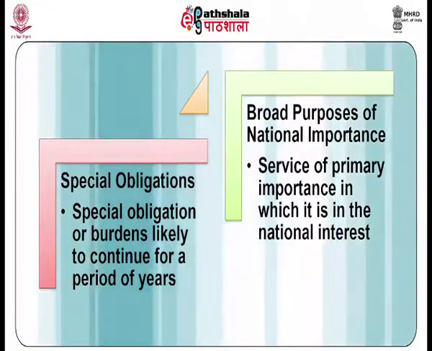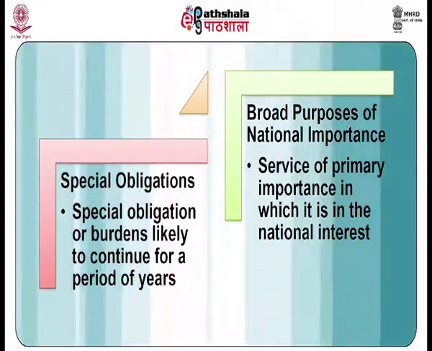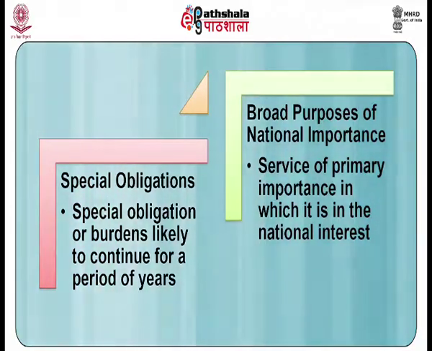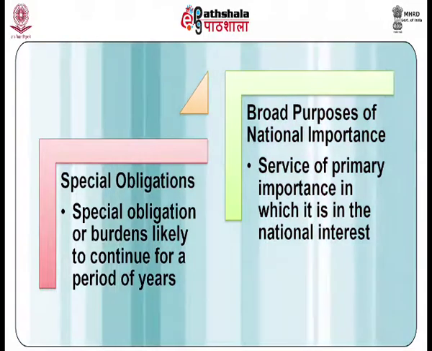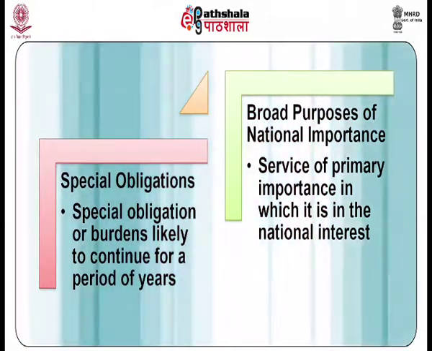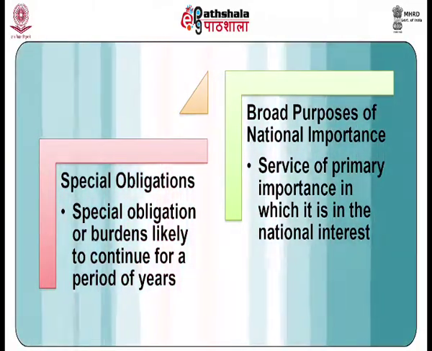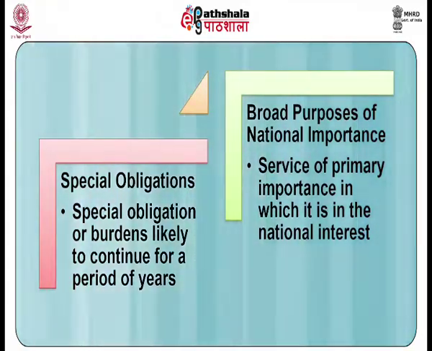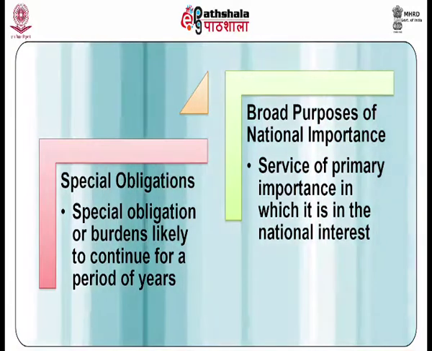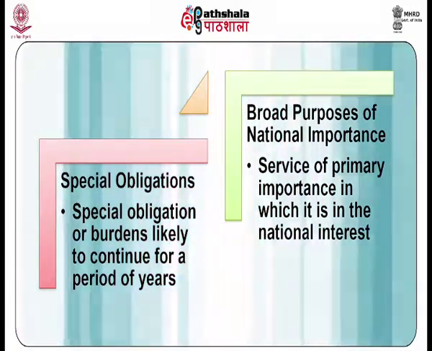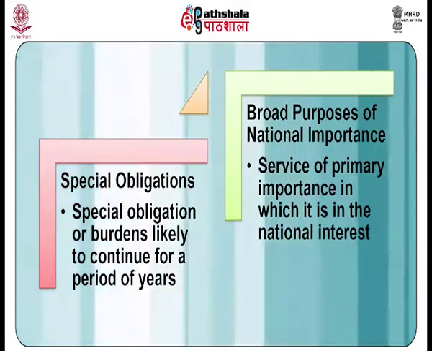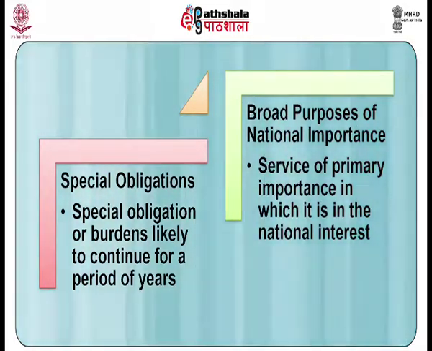Fifth, special obligations. The Commission mentioned that certain states may have special obligations or burdens likely to continue for a period of years, that is, commitment arising out of abnormal conditions. They mention as examples of abnormal conditions strain on the economy and administration and increased responsibility with respect of security.